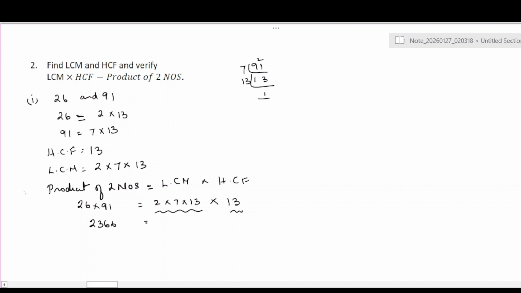You have to multiply and show, children. Don't just write this for explanation. I told you, you have to multiply and show. This is also 2366. Just multiply, this is basic multiplication. So hence, since it is verification, we'll just write the conclusion. LCM into HCF is equal to product of two numbers.